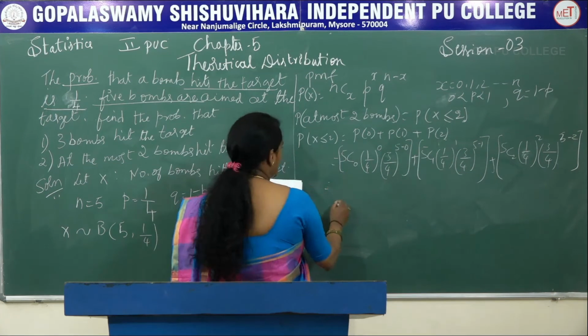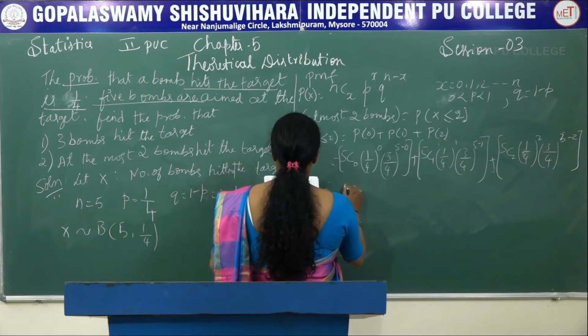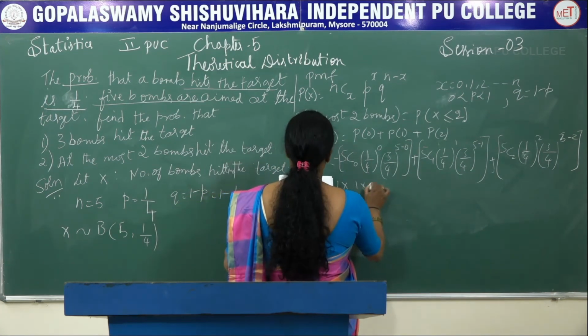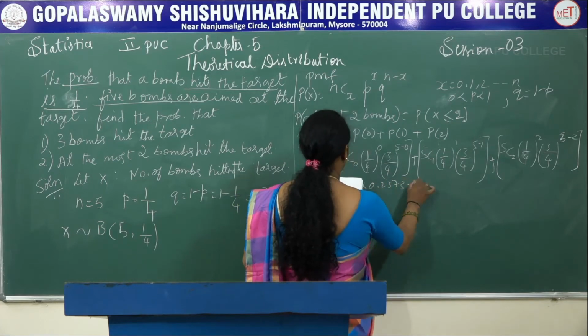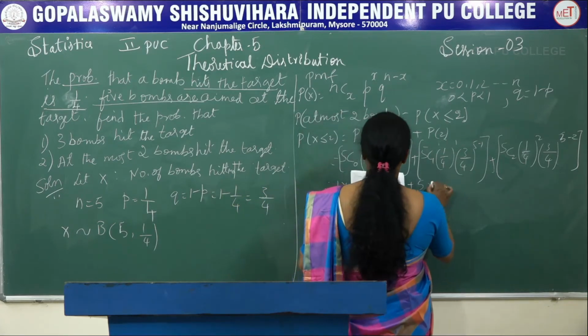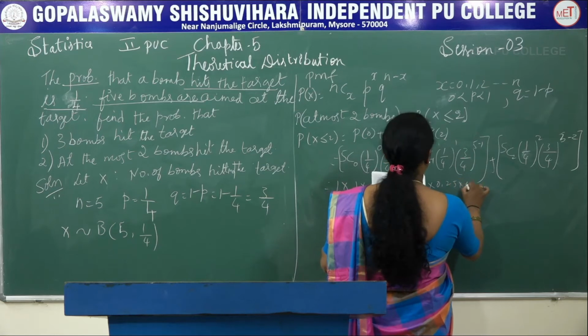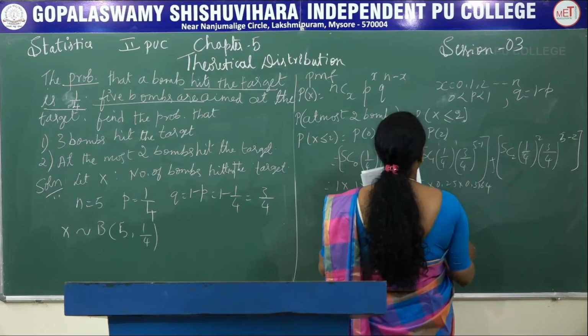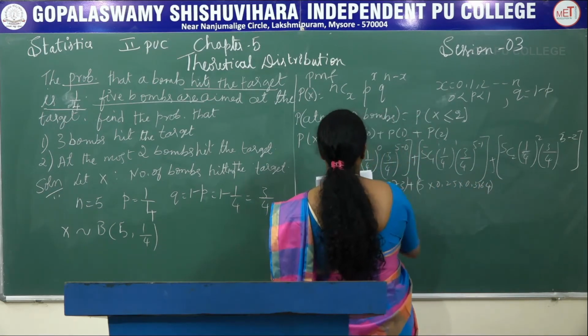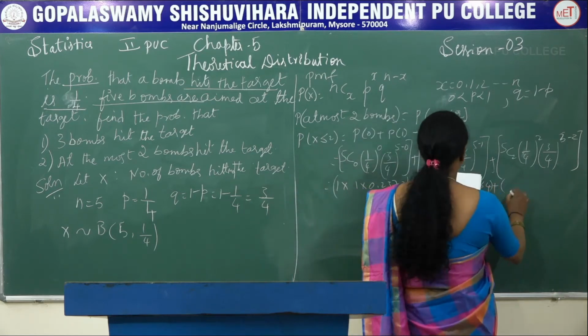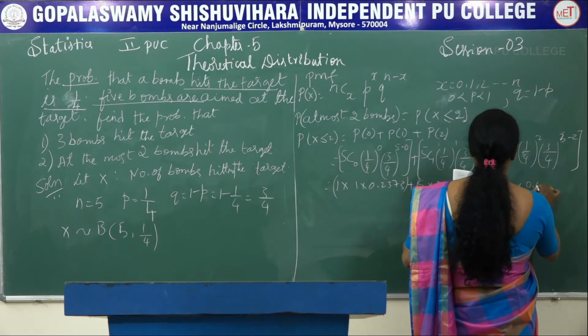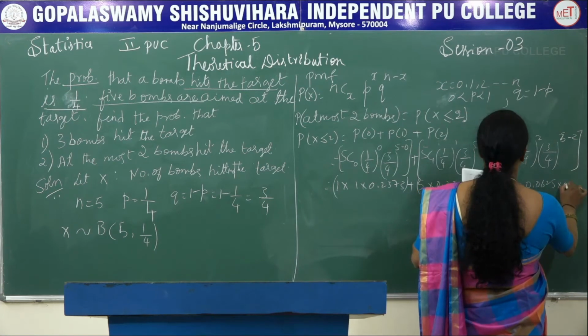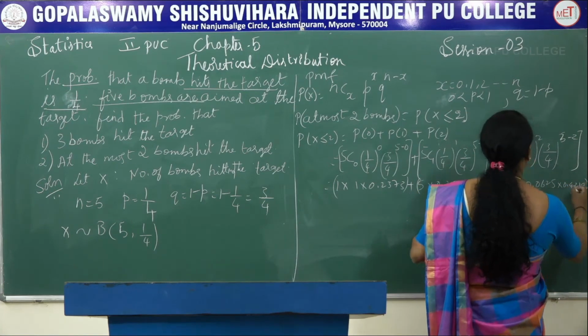So that you will get the values like this. 1 into 0.2373 plus 5 into 0.25 into 0.3164 plus 10 into 0.0625 into 0.4219.